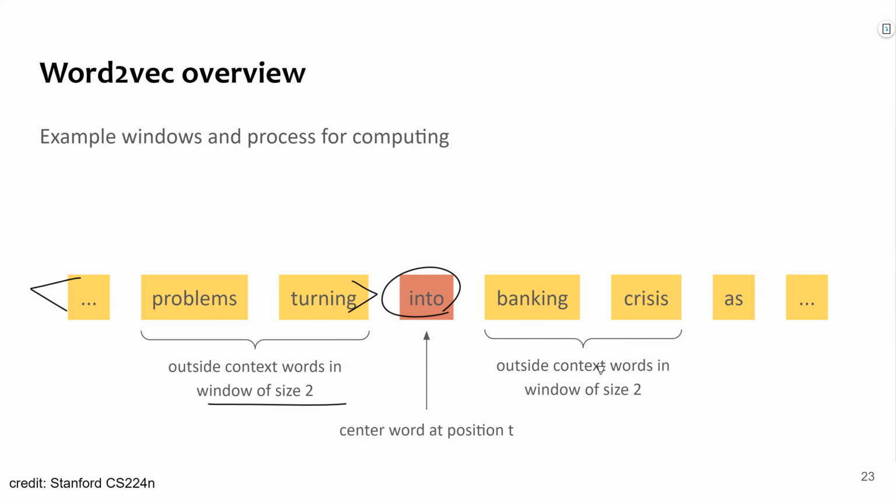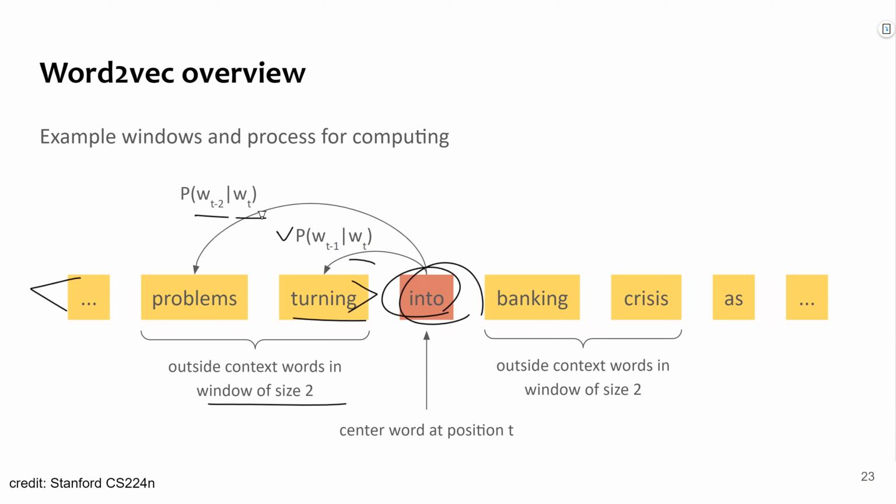Given this center word, we want to increase the probability of the word at t-1 given the word at t. We want to do the same for t-2 given t, and the same for t+1 given t and t+2 given t. Whether it's on the left side or the right side doesn't matter. We just want to increase all the probabilities.